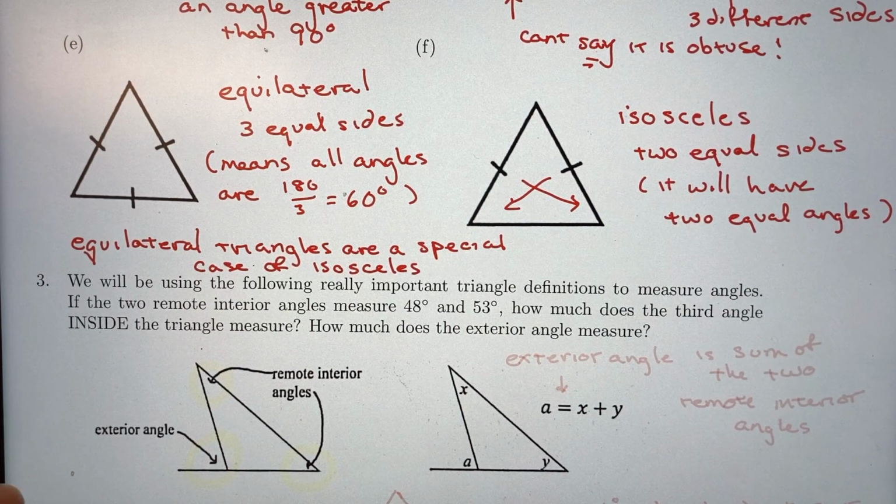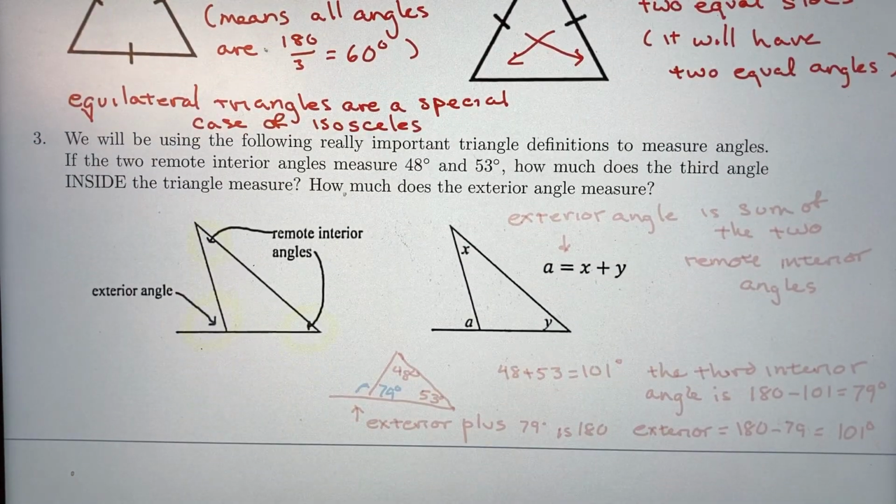All right. One useful little formula that we're going to be using at least once in the next few days is that the exterior angle is the sum of the remote interior angles. I'm going to say this in words, as well as a symbol here.